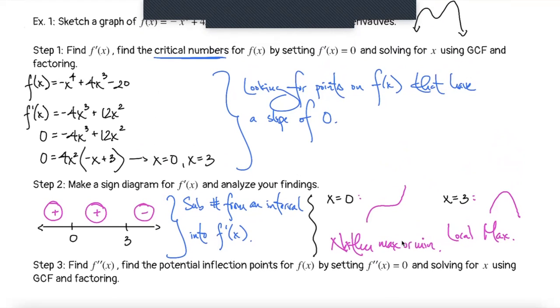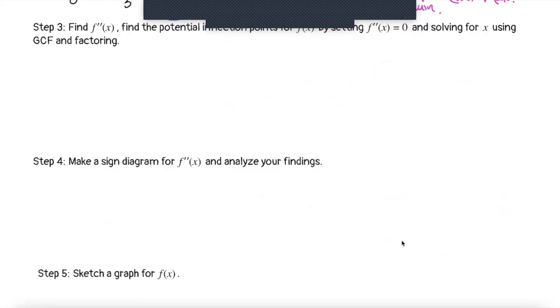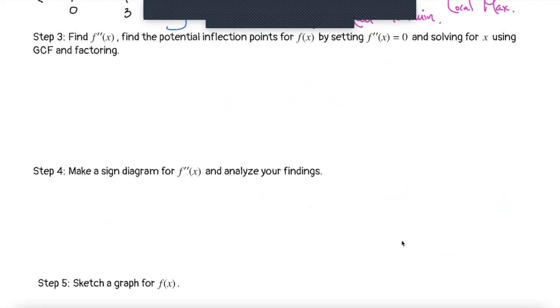Any questions on step 1 and step 2 so far? Well, you can always ask later, but I think it's good to provide space and time in case there are questions. Let's take a look at step 3.